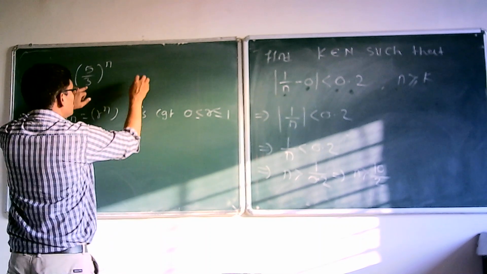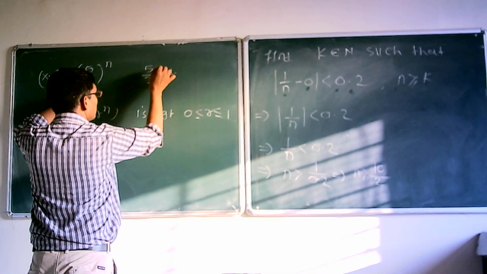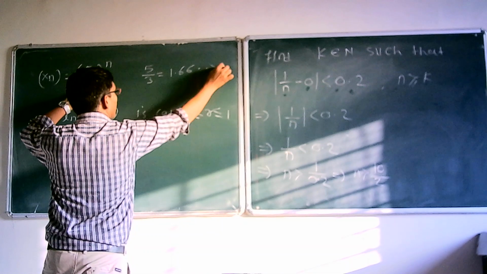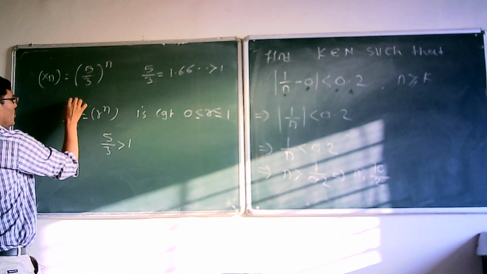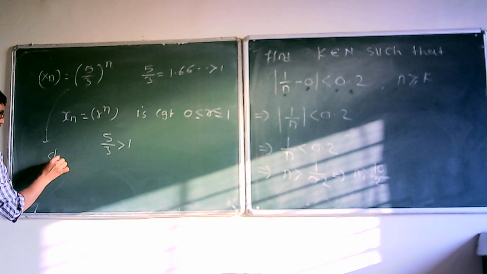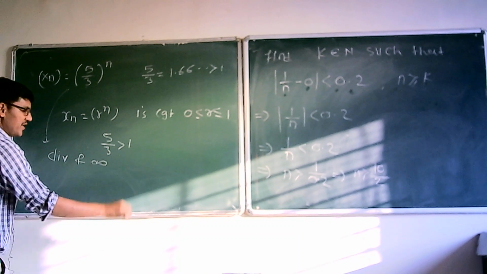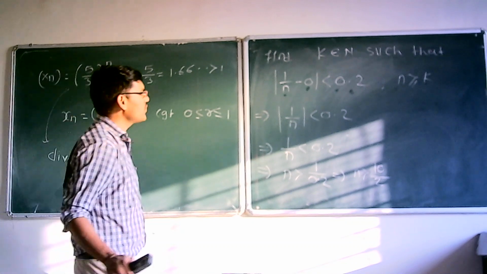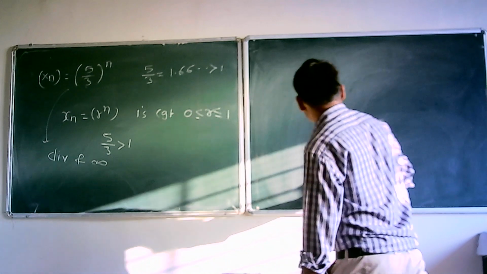Now 5 by 3 is equal to 1.66, so it is greater than 1, and therefore the answer is that it is a divergent sequence, and its limit is infinity. If you take limit n tends to infinity, the value of this limit is equal to infinity.